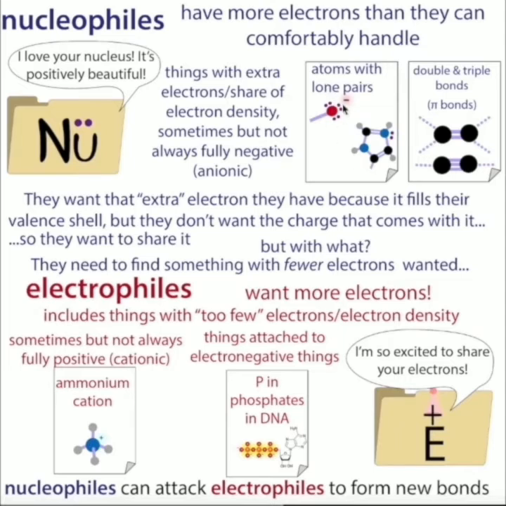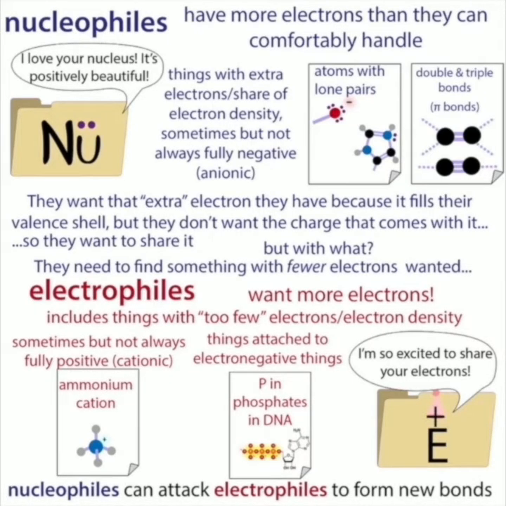An O- group is a really good nucleophile because it has these lone pairs of electrons, so it has more electrons than it wants. Even though oxygen likes electrons, it doesn't like being negatively charged. Things don't really like having a negative charge. It's uncomfy, so the oxygen wants to be comfy. In order to do this, it wants to find someone to share those electrons with, so it's going to look for something electrophilic.